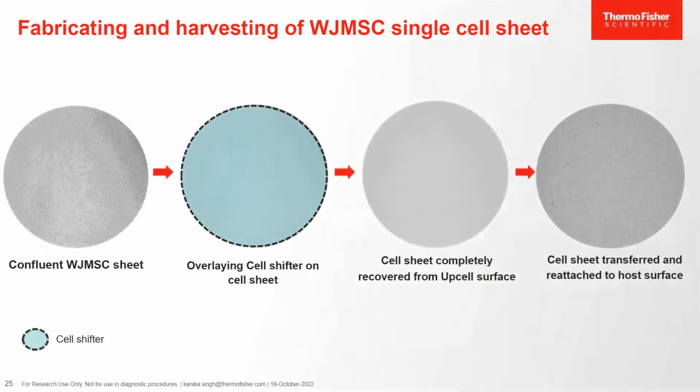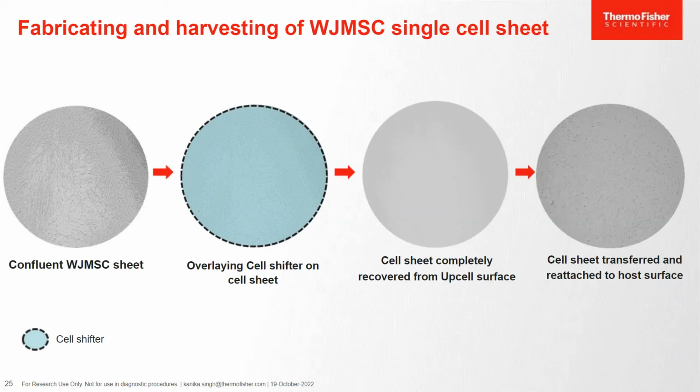To show how to fabricate and harvest cell sheet using UpCell Surface, the data you see here is from WJ-MSCs. So what we have done is we have first seeded WJ-MSCs on the UpCell Surface. We grew them until they reached a certain confluence level. Then we kept the sheet at room temperature for them to dissociate from the surface automatically. We then overlaid cell shifter on top of it.